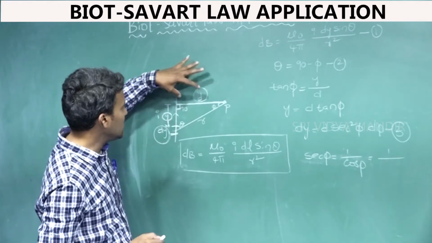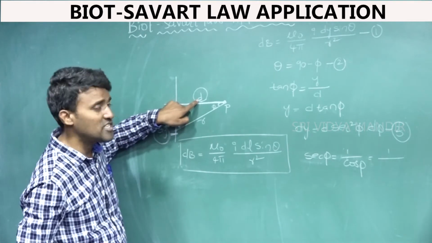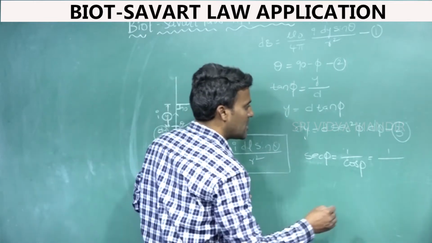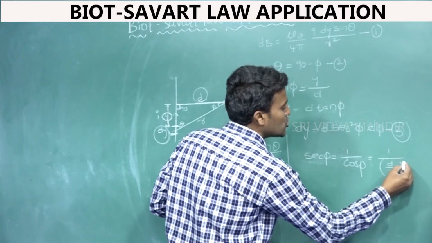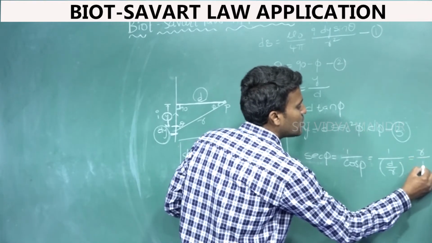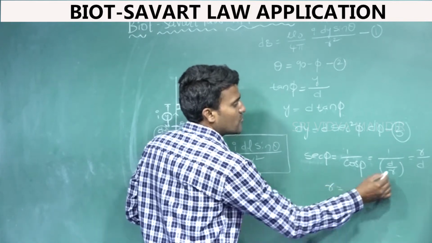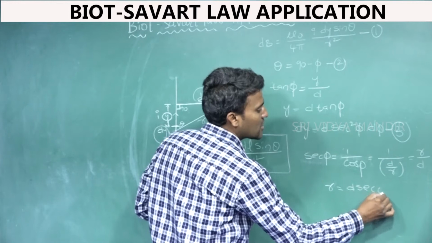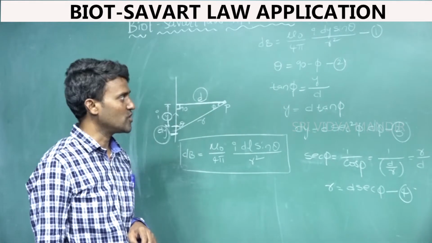In this triangle, the adjacent side is D and the hypotenuse is R. So cos phi is D divided by R. Taking R to the numerator, R is equal to D sec phi. That is equation number 4.